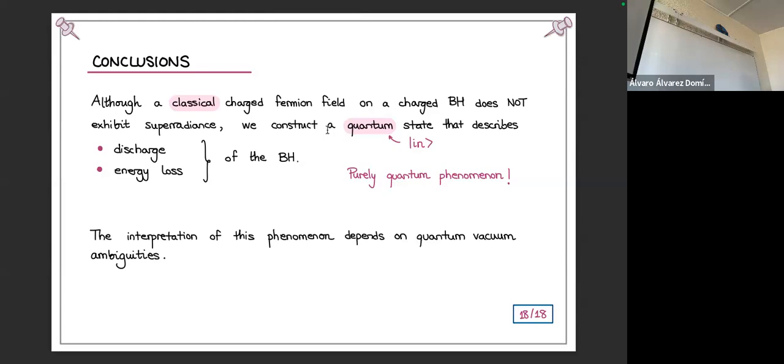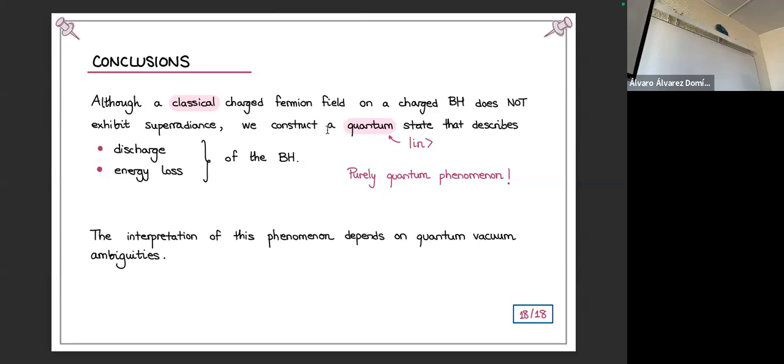But for scalar fields, it's because for bosonic fields you can have many particles in the same state, right? So that's how you build the classical state, in a sense. Is that simply the basis of the difference?